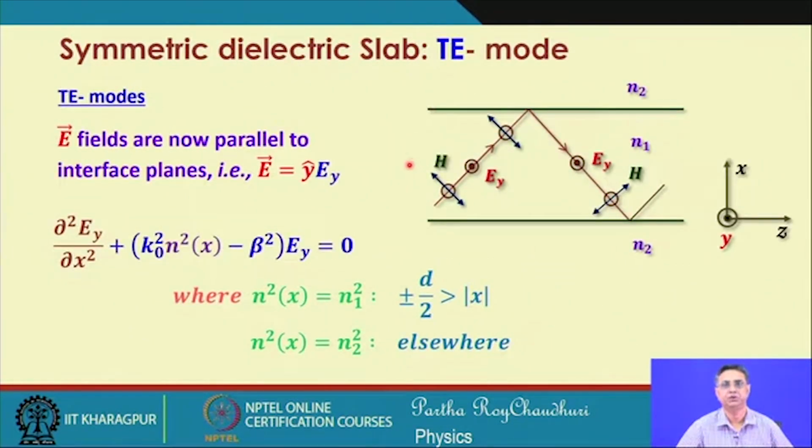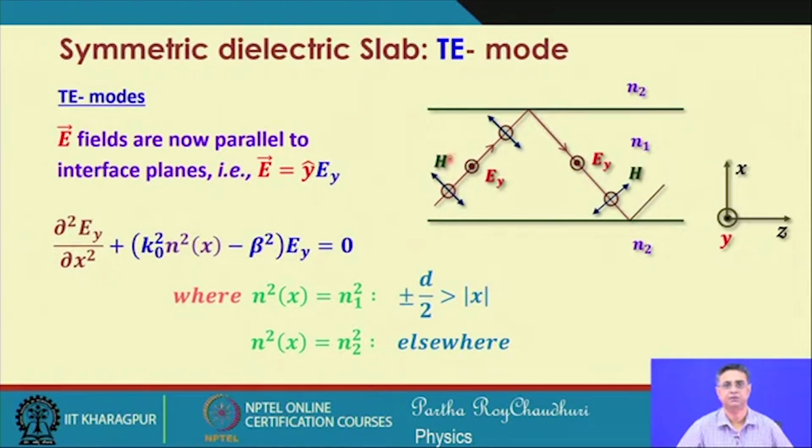For TE modes, once again we will look at this configuration. You have the E field, Ey, which is parallel to the interface planes, and the magnetic field components lie in the xz plane.